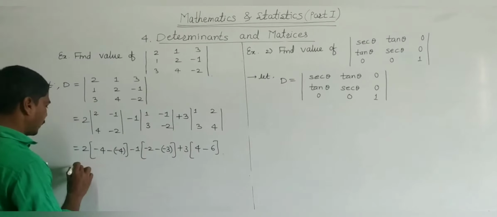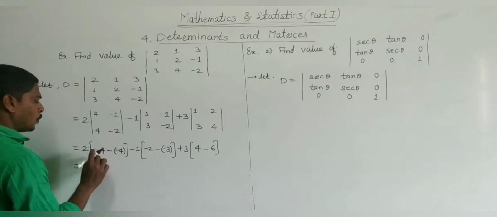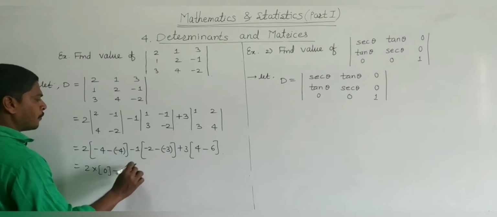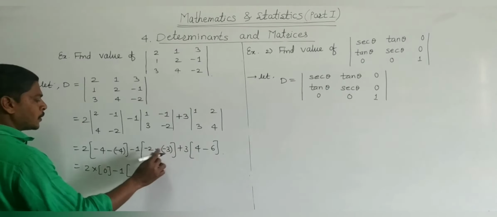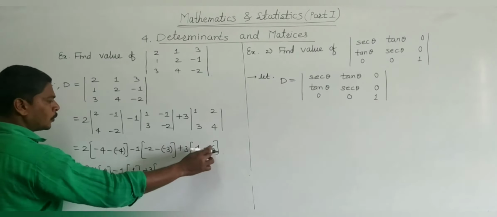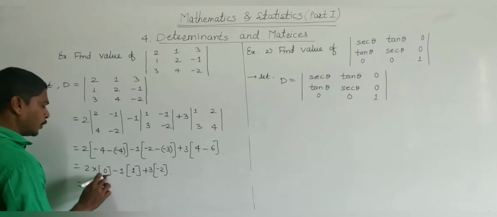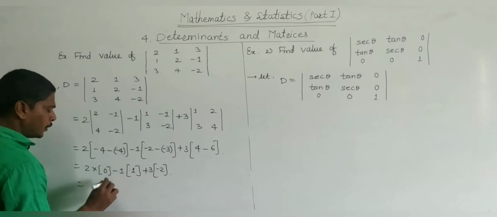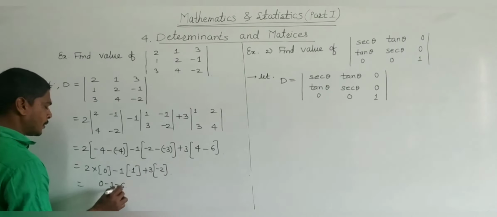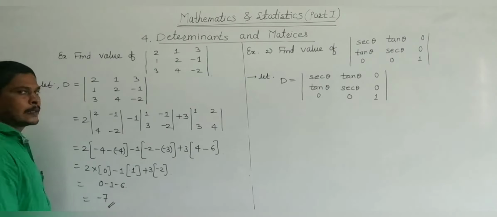Now this becomes 2 into, minus into minus is plus, plus 4 minus 4 becomes 0, then minus 1 into bracket minus 2 plus 3 becomes plus 1, plus 3 into bracket 4 minus 6 is minus 2. So we get 2 into 0 is 0, minus 1 into 1 is minus 1, 3 into minus 2 is minus 6. In that way we get the value of the determinant as minus 7.